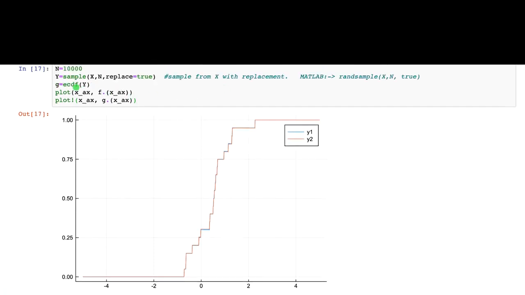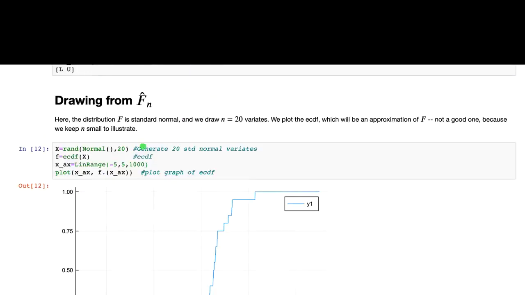In other words, by drawing with replacement from the sample X, we obtain an approximation of the ECDF of X, and the ECDF of X is an approximation of the true distribution f.